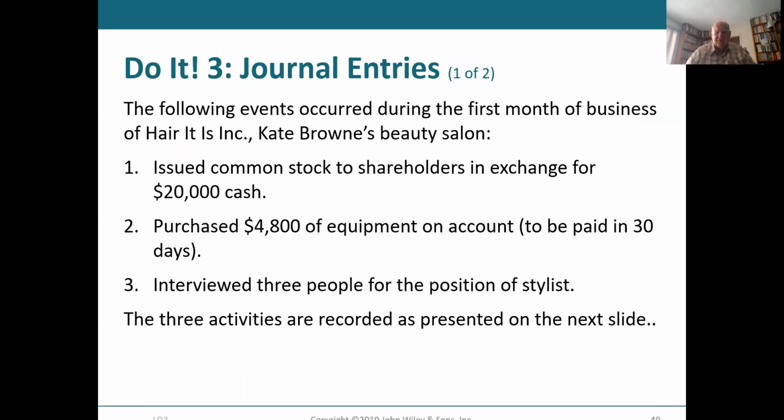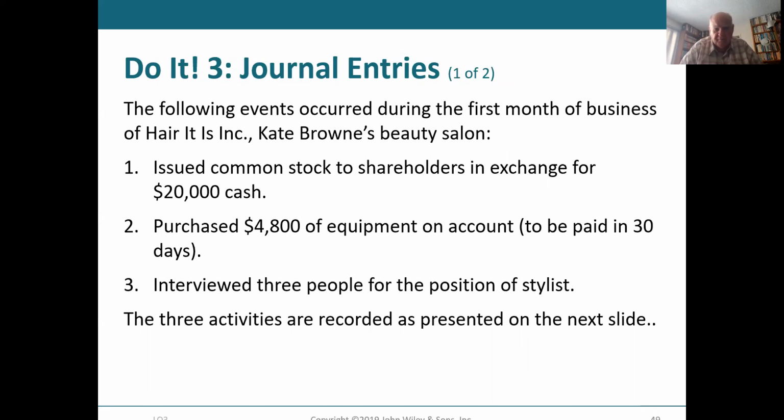Now we got some new transactions. Kate Brown's Beauty Salon. They issued common stock to shareholders in exchange for cash. They bought equipment, and then they interviewed 3 people for a position. The 3 activities are recorded as presented on the next slide.